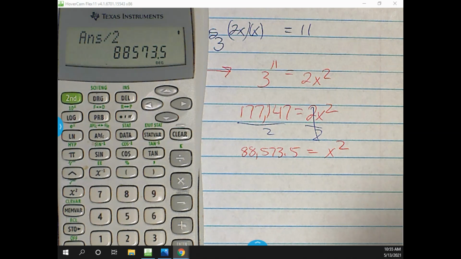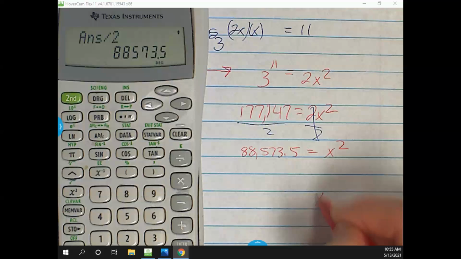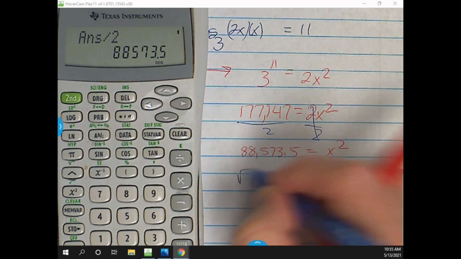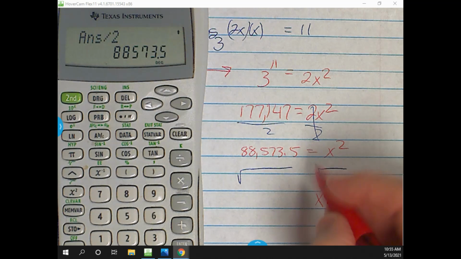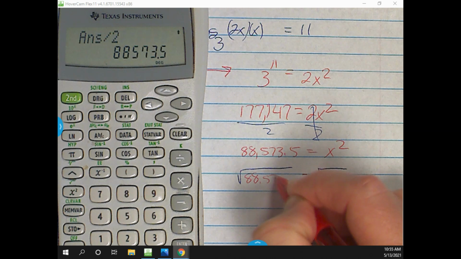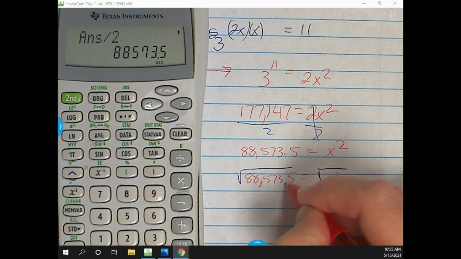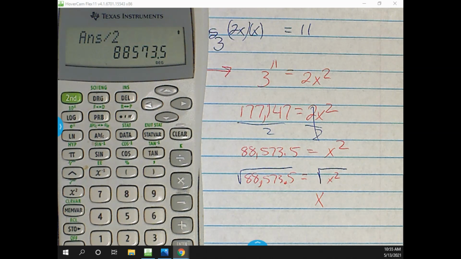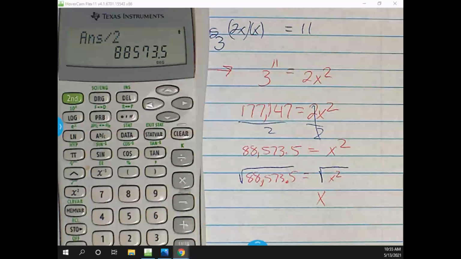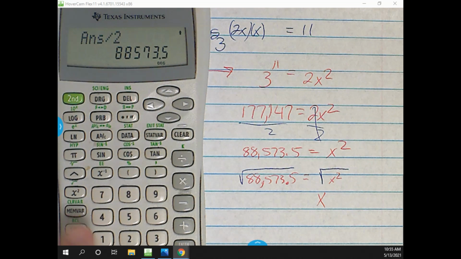And if you remember, to get from x squared down to x, we've got to square root both sides. Now, every calculator is a little bit different. For this one, you have to get the square root first, and then you put the number in. To do it backwards on this one, you can use your power button.